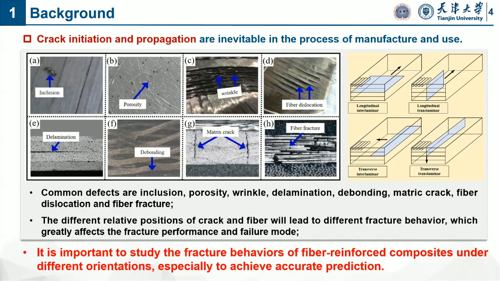That's to say, there are longitudinal interlaminar, longitudinal translaminar, transverse interlaminar, and transverse translaminar, different kinds of cracking direction. So it's important to study the fracture behavior of reinforced composites in different orientations, especially to achieve accurate prediction.